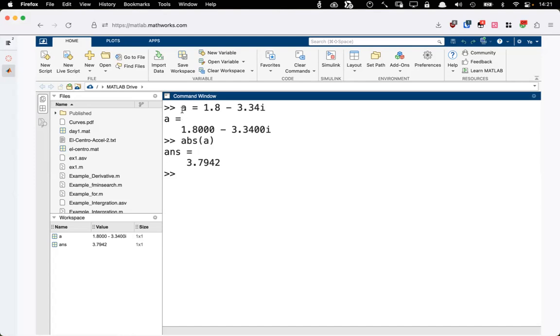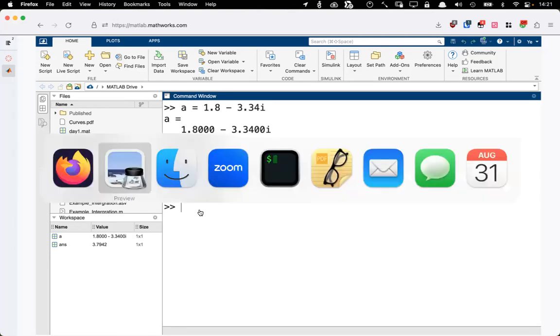Or we can see complex number A as a vector in the coordinate system, right? So abs is the length of that vector. This actually equals the square root of 1.8 squared plus minus 3.34 squared, then square root. We will get the same number. So this is the abs.